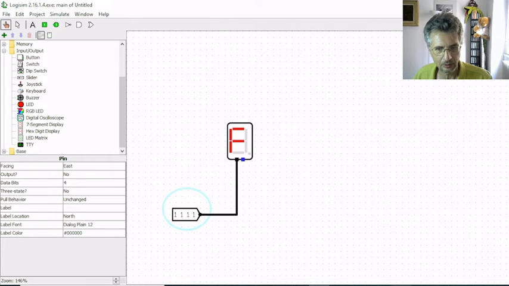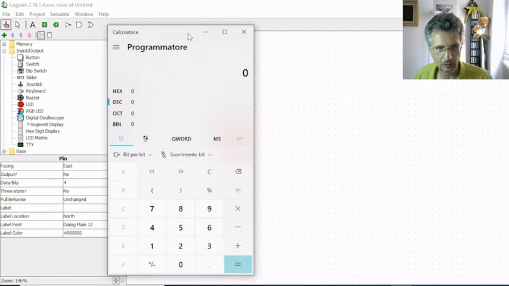For example, here I have the Windows calculator, and you can see I write a decimal number, for example 9, and here I have the conversion in binary. And if I write 15, you can see the binary number which corresponds to 15 is 1111, and the letter is F. And so on.